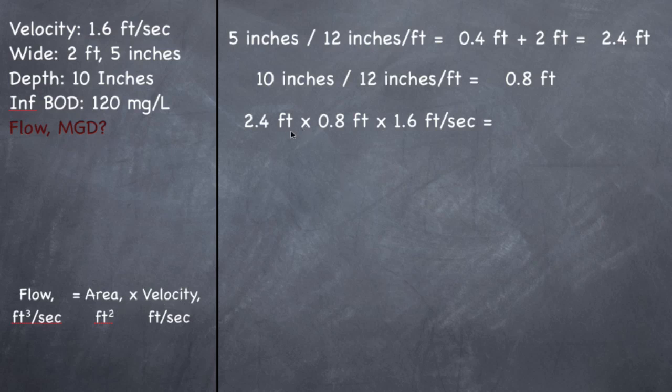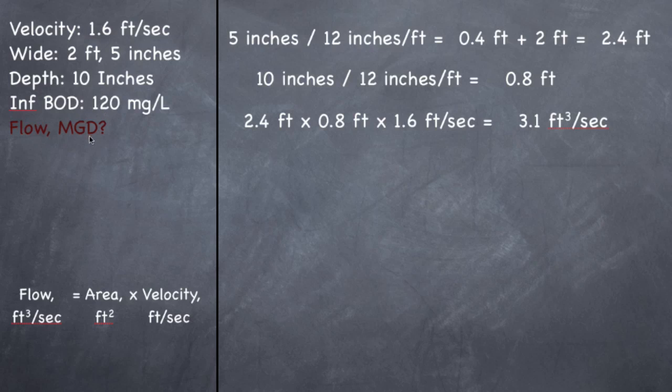So feet times feet would have given you square feet, and then you would have multiplied it by the velocity, equals 3.1 cubic feet per second. So 2.4 feet times 0.8 feet, square feet, times 1.6 feet per second. Feet times feet is cubic feet per second. And this is your flow in cubic feet per second.